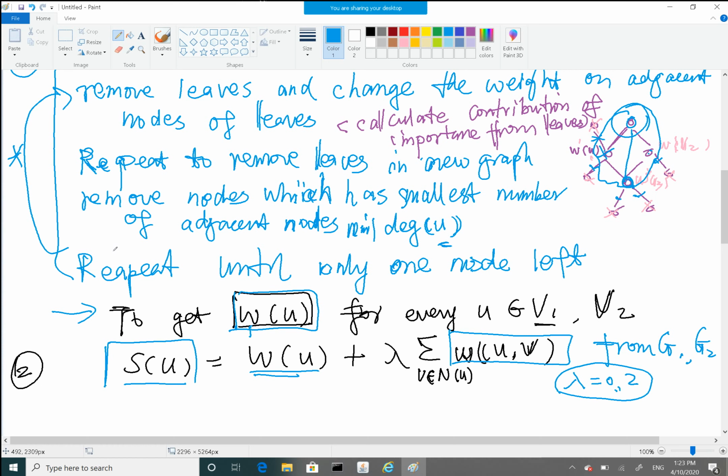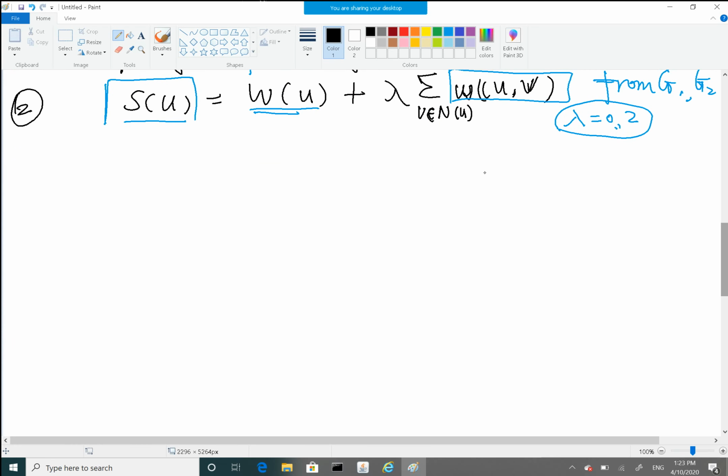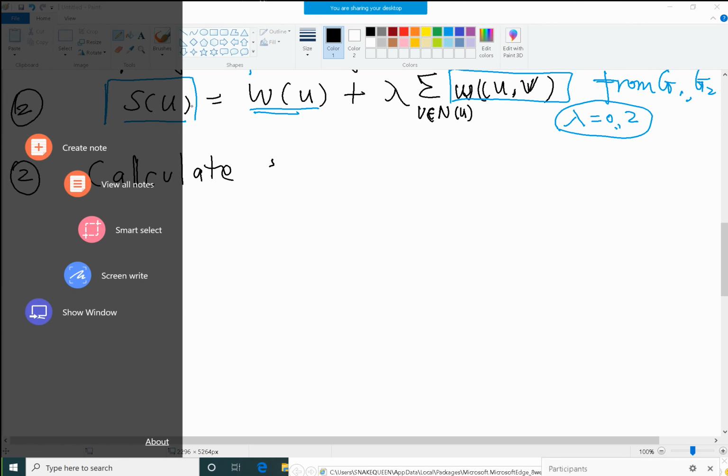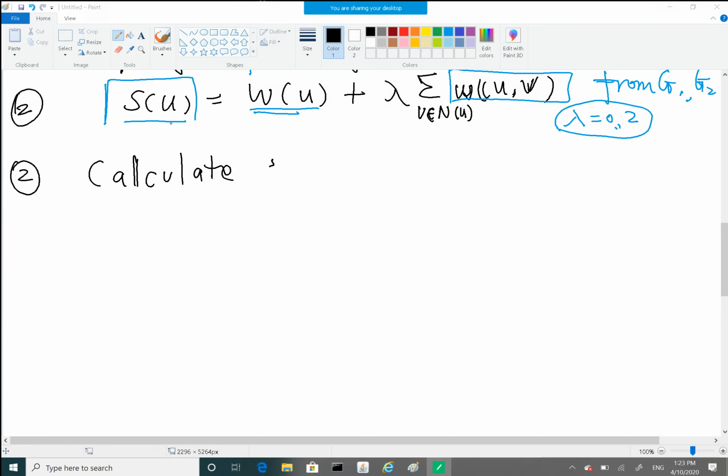The second step, let me write it down here, is to calculate the pairwise similarity score.